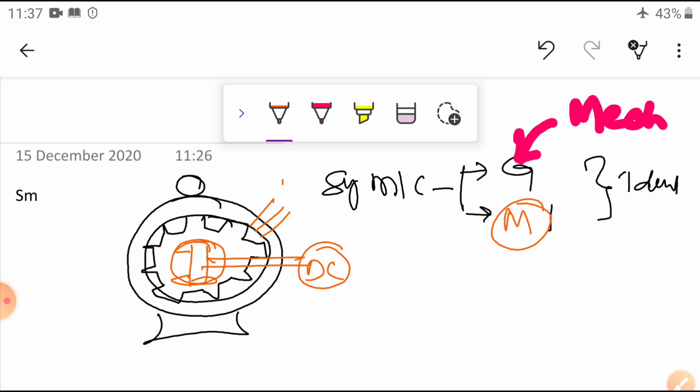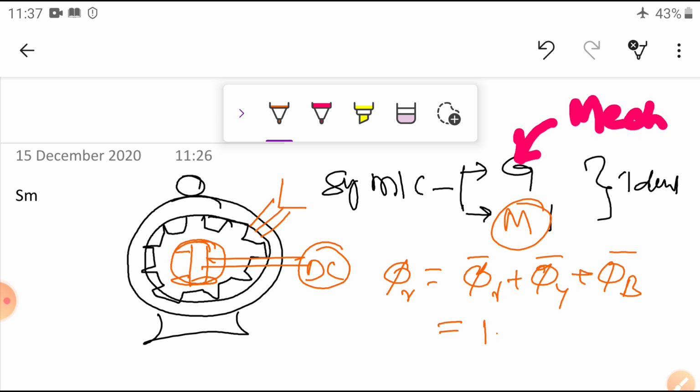Now, whenever the three-phase supply is given to the three-phase stator winding, it produces a resultant magnetic field of flux phi r, phi y, phi b. So, we get what is called 1.5 times the maximum flux developed by any one phase.